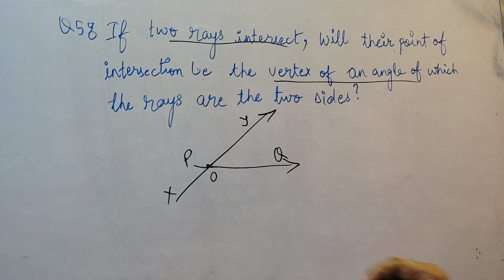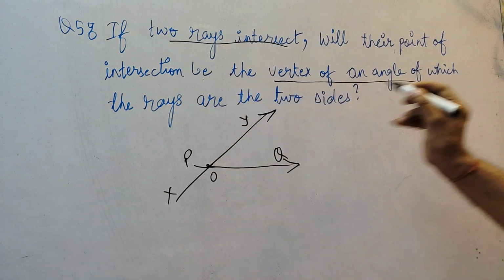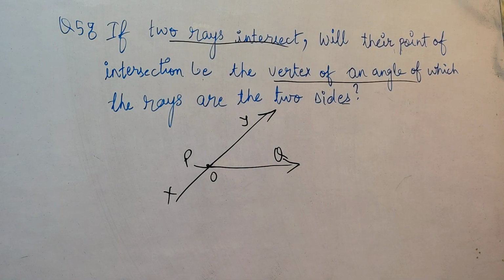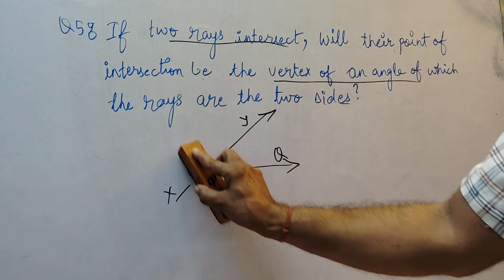Suppose its name is O. Yes, this is the point of intersection.